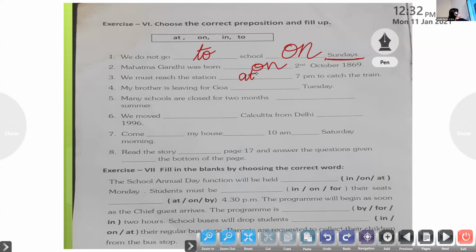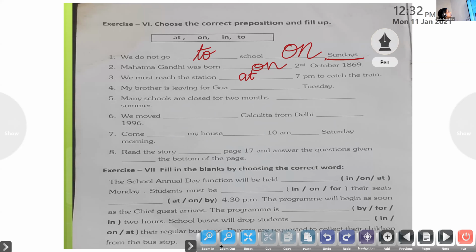Okay, so we'll do one or two more before we wind up the session. You only have to remember the things which we have learned, so you will find it easy. Aiden, come on. Do the next one.